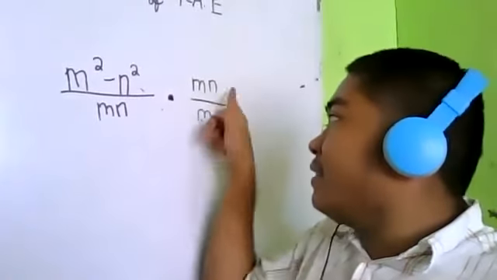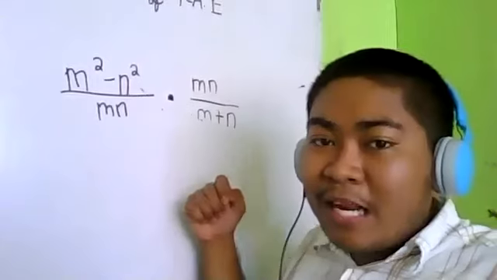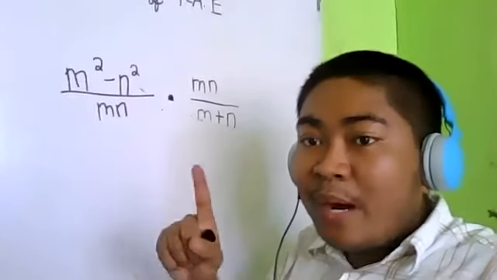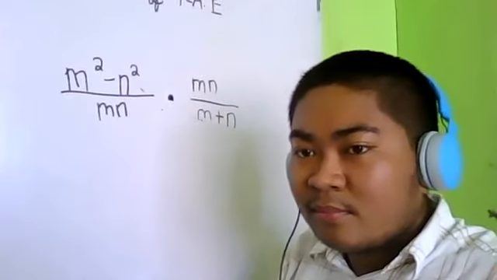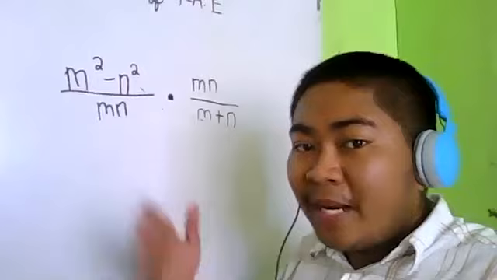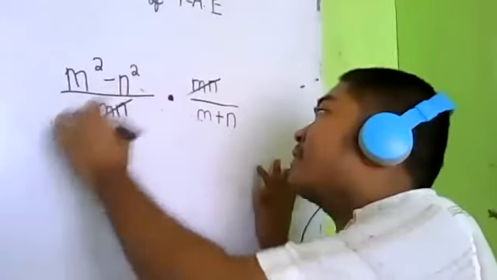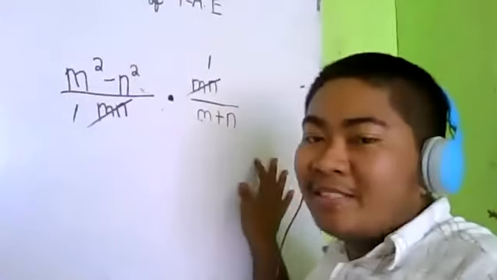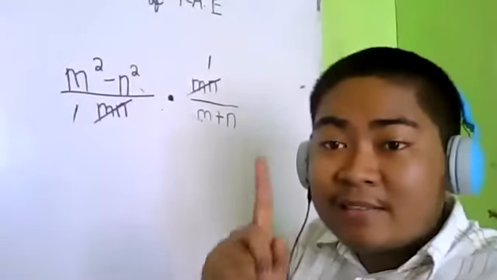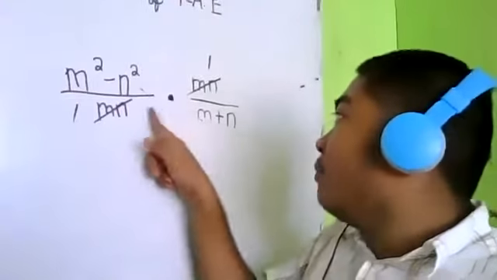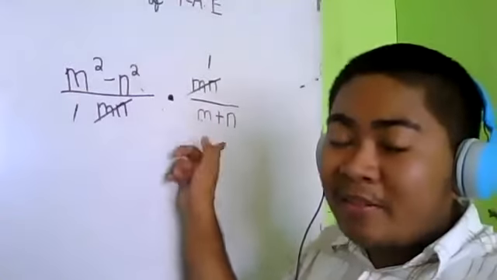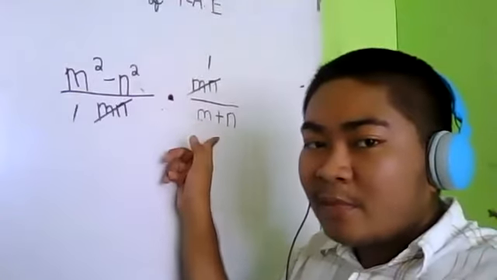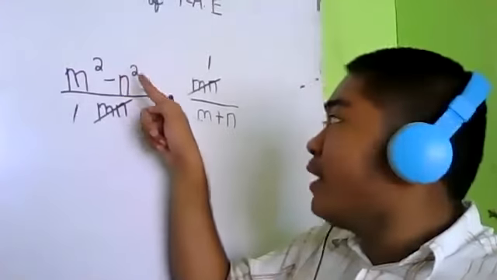So kapag magkaparehas sila, pwede mo na lang gawing 1, tama? Dahil magkaparehas lang sila. Therefore, cancel this, magiging 1, 1. Basta magkaparehas, you can write it as 1. Ito, paano natin ito masisimplify? So mn, tsaka si m squared minus n squared.